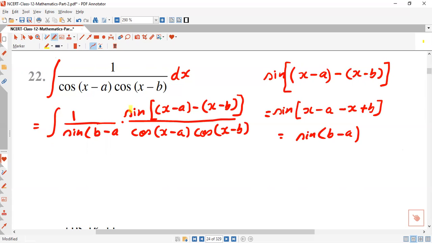These two values are the same: the value of this one and this one are the same thing. When these two are the same, I can just multiply and divide by the same value, so the function will not change. Now, 1 upon sin(b minus a): there is no variable, x is the variable, so it is a constant and can be taken outside.